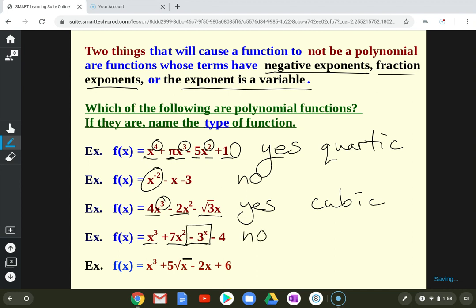No, you cannot have a variable in the exponent. This last one, x cubed plus 5 times the square root of x. You cannot have an x under a radical. Remember that root x is the same thing as x to the 1/2 power. No fraction exponents. This is not a polynomial.